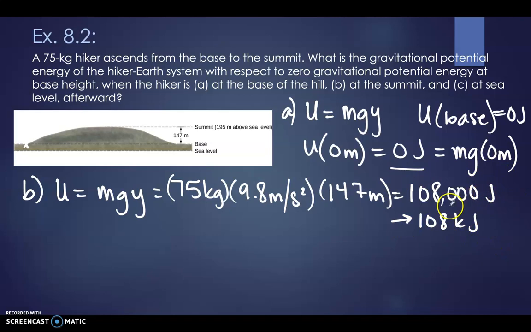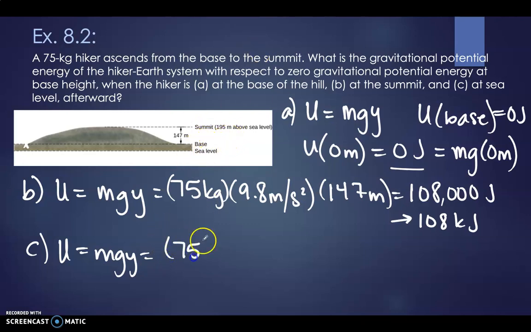Now at sea level, same idea here. Our y, though, is going to be negative since we are lower than the base. This states here that the summit is 195 meters above sea level.